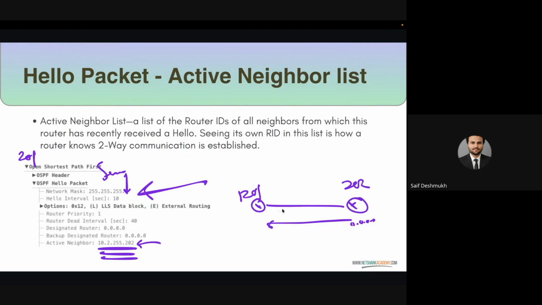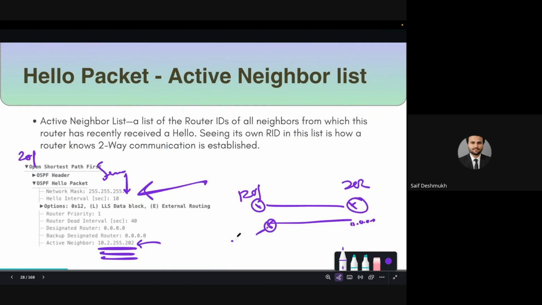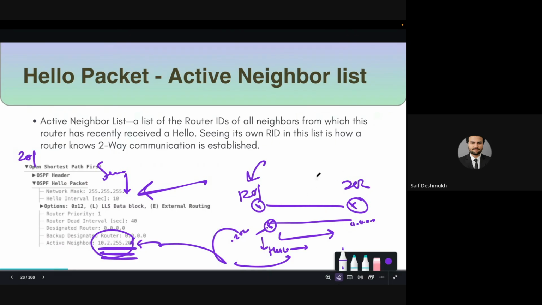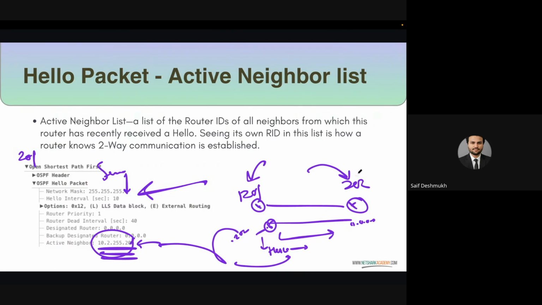201 received it. It notices in this hello that the router ID says it's 202, 10.2.255.2. When it generates its own hello, it's going to inject that router ID in that hello and send it out towards router 202. It's not the sender's own ID. Instead, they're injecting the router ID of the guy who sent the OSPF hello earlier.